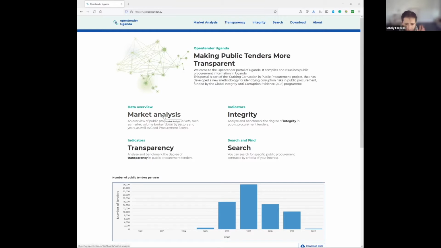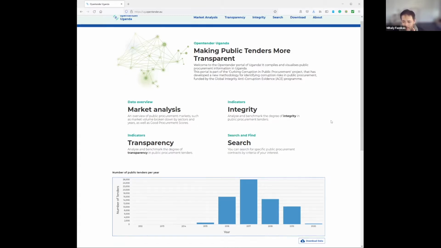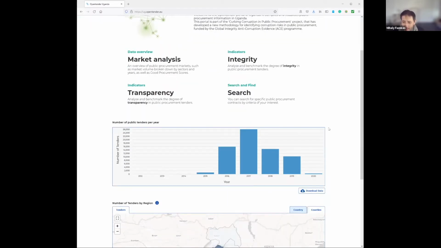So let me very quickly just look at market analysis as an entry point into the data. But before that, let me also mention that you can see that the data scope varies quite a bit over time, and we haven't been able to update the Ugandan portal in particular for some time.